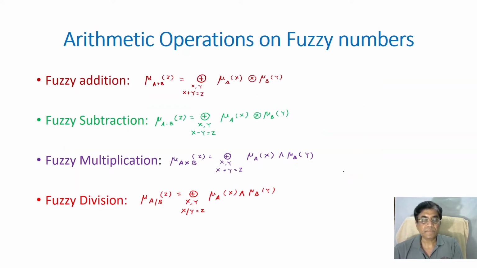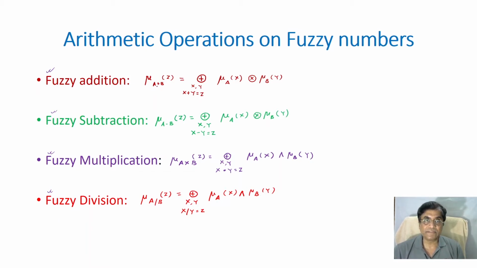Now let me tell you some very important aspects of fuzzy arithmetic operations. We are trying to do some arithmetic with fuzzy numbers. In that context, I will give examples with fuzzy addition, fuzzy subtraction, fuzzy multiplication, and fuzzy division, and I will discuss fuzzy addition more concretely because all the others are very straightforward once you understand addition.